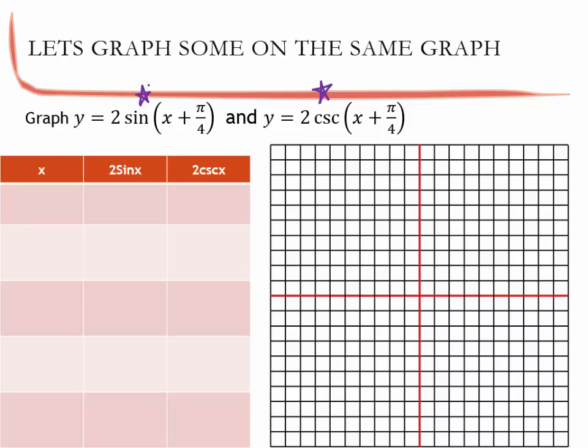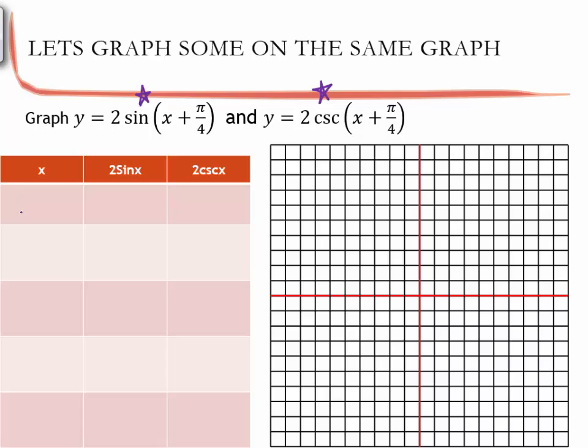The cool thing is, after you graph y equals 2 sine of x plus pi over 4, all you got to do is put vertical asymptotes at the 0s, and then we draw our parabolas off of the maxes and mins. That's all you got to do. And then you have cosecant.